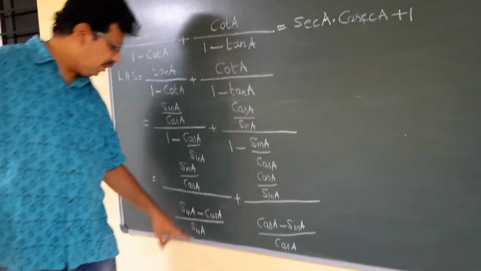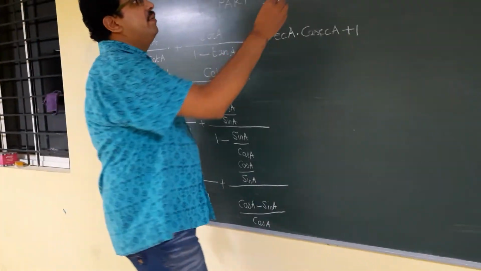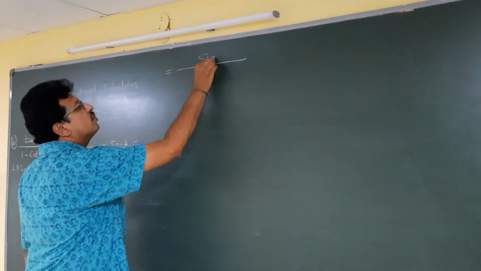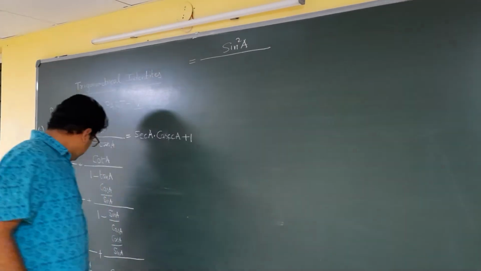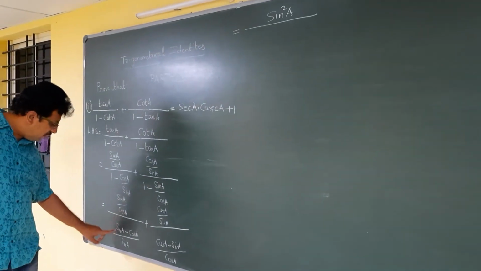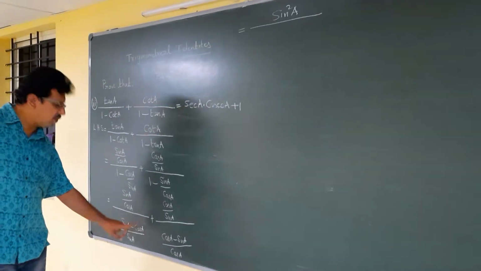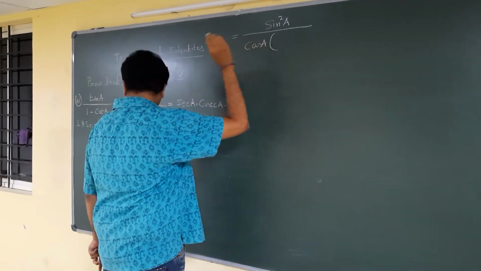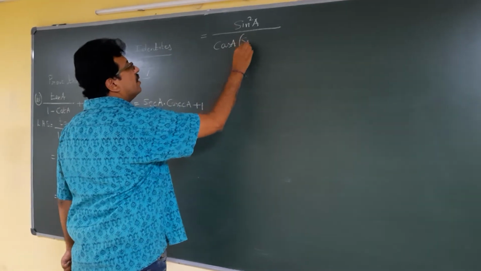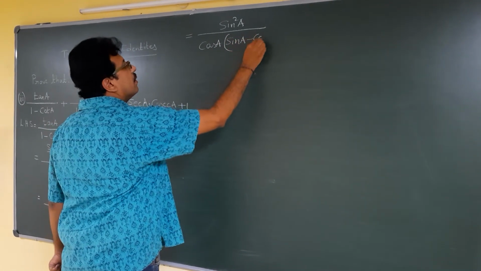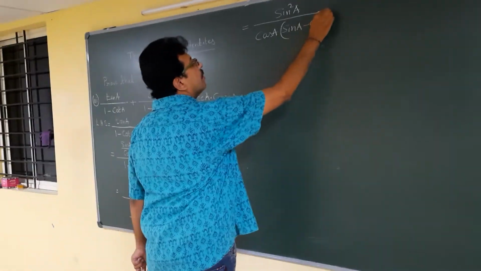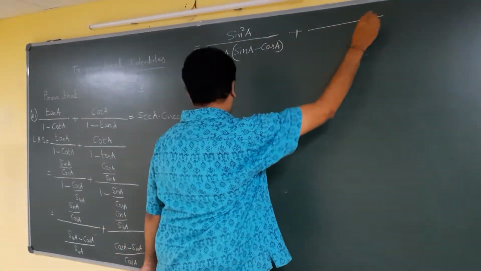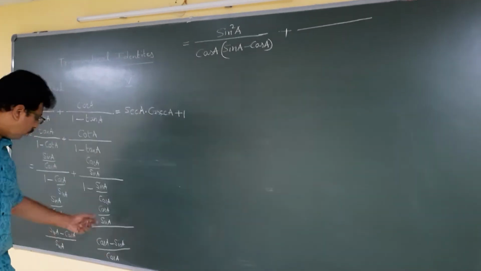So what happens here? Sin A into sin A is sin square A, and then cos A into sin A minus cos A. Plus, in the same way, this cos A will go to the numerator.